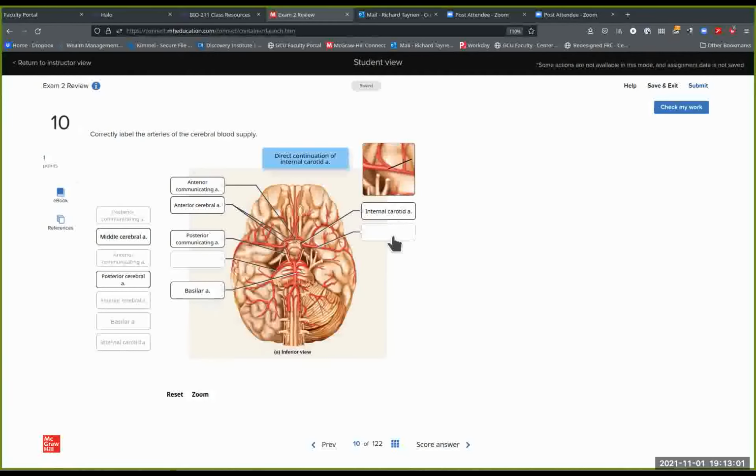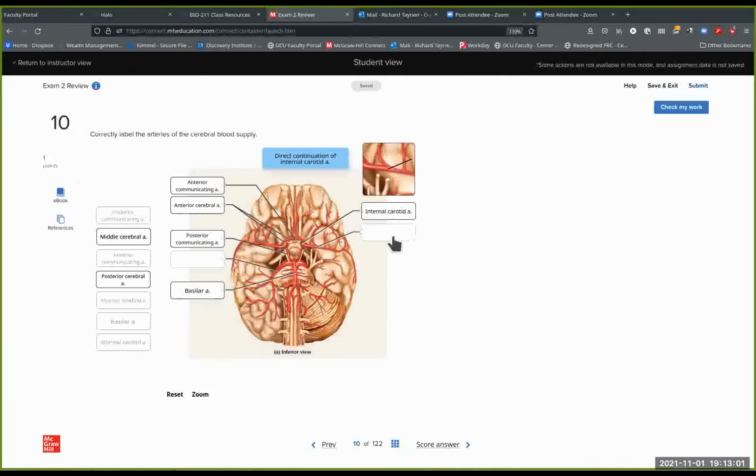This is one we haven't really pointed out, but that's a carotid sinus. So that's where the baroreceptors are. And if you notice, it's right as the internal carotid takes off from the common carotid. Everybody see that? Yes. Okay.